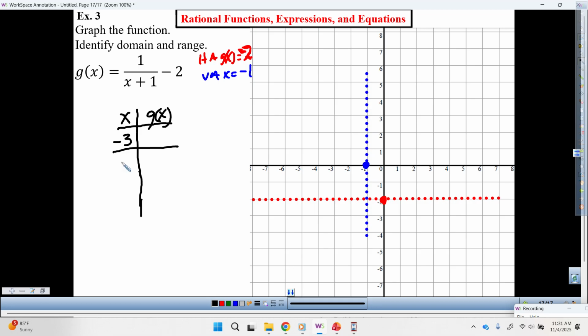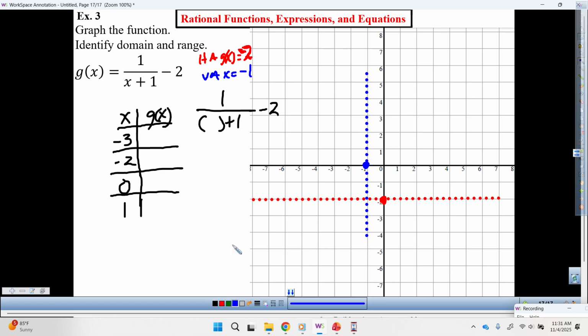Negative 3, negative 2, 0, and 1. Leo said the same thing, just not in the same order. I'm writing it in ascending order. So, with that said, I'm going to use this, but I'm going to go pretty fast to make sure we got the values.